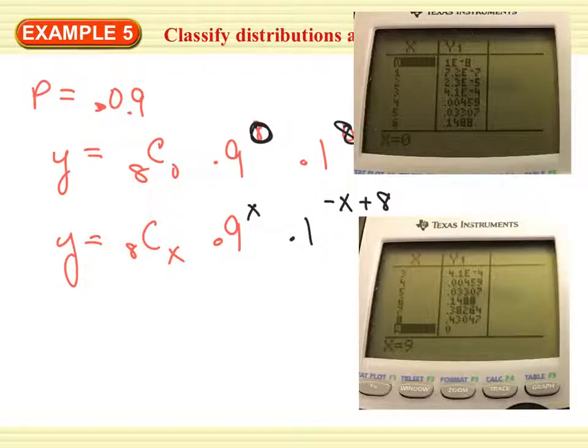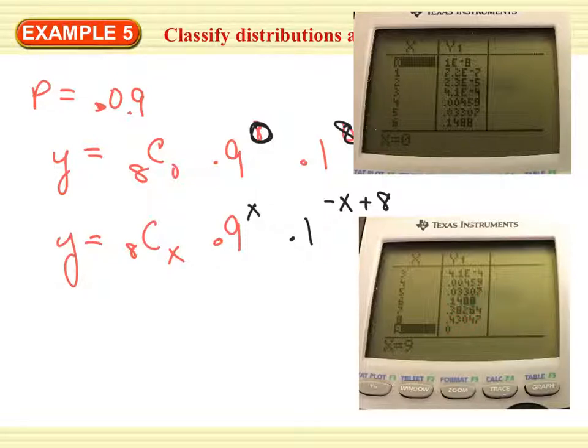So if we look here, our data is not symmetrical. E to the negative 8 means 10 to the negative 8. So this is 1 times 10 to the negative 8 is my 0. And my 8 is 0.4. Okay, this is our highest number. Next highest, and it gets smaller.